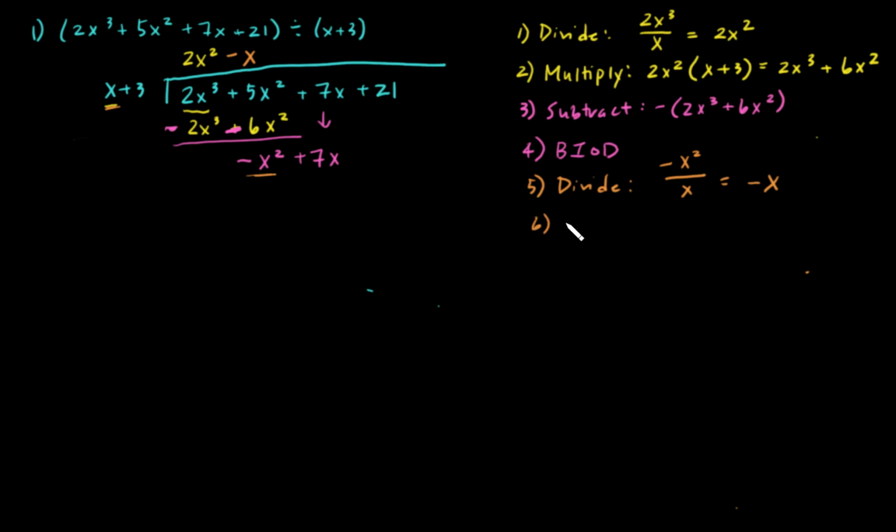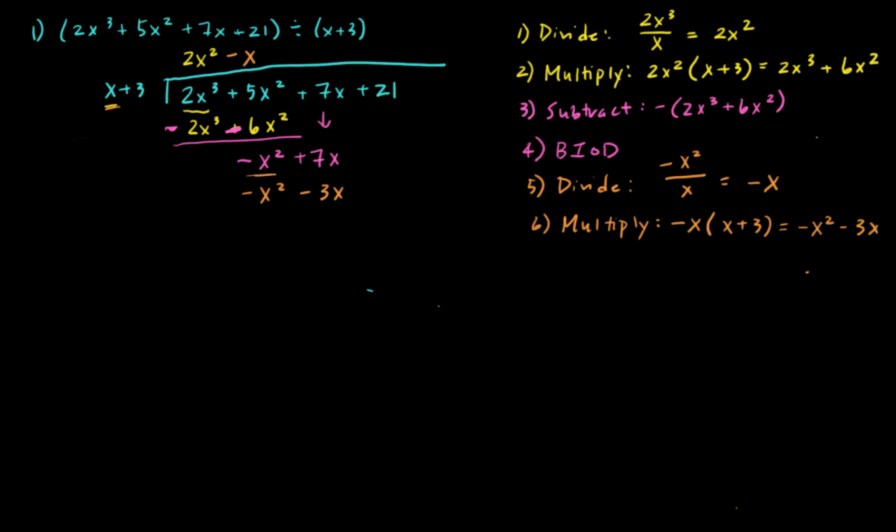Number 6, we're going to multiply. What do we multiply? We multiply the new term that we got for the quotient by the entire divisor. So we end up with a negative x squared minus 3x.